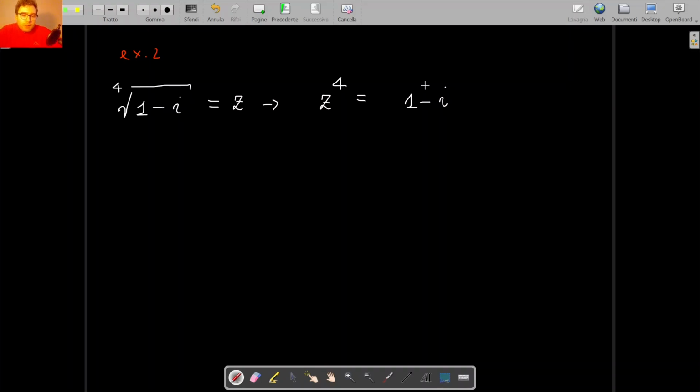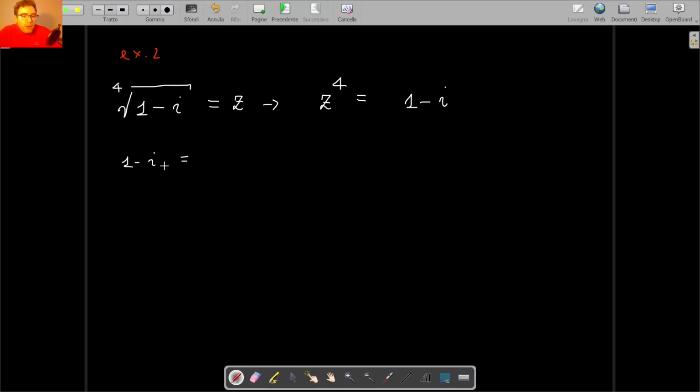The only difference between this exercise and the previous one is that we have another complex number as a known term, and we have a fourth power, but the concepts we have to employ are exactly the same. So 1 minus i can also be written as follows.